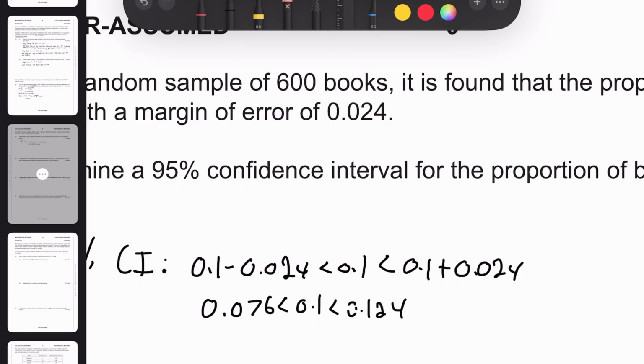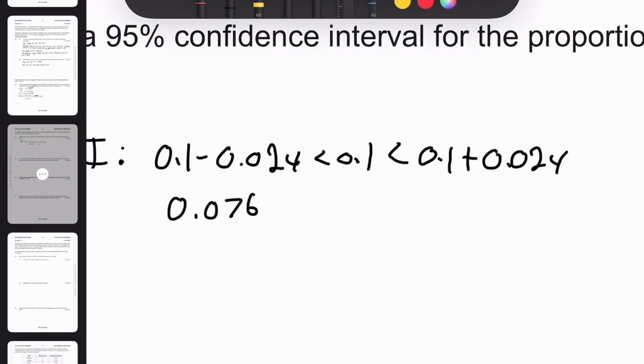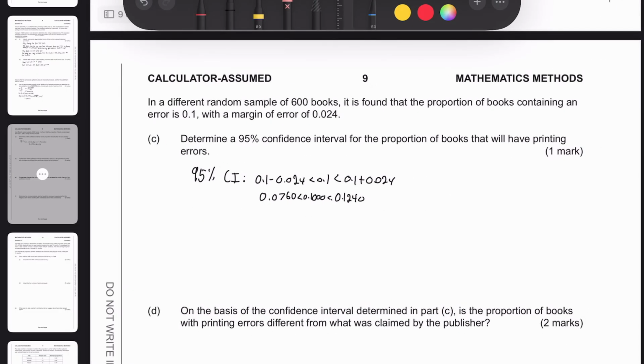Okay. Next up, okay, sure, 4 decimal places. Forgot, does the middle one need 4 decimal places? Oh, I'm rusty, guys. 0.1240. Alright, so that's our confidence interval.